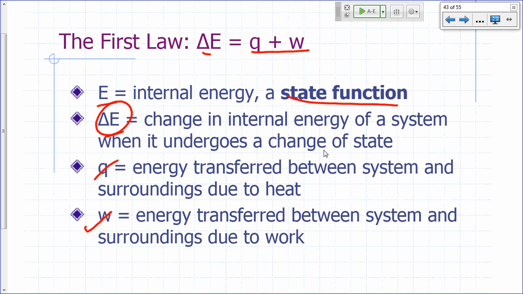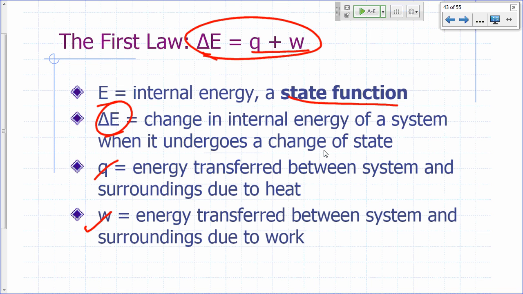What it's saying really is this. Because it's a state function, it doesn't really matter how you get from your initial state to your final state. Remember we said heat and work are path functions? They depend on how you get from your initial state to your final state. So it matters. Heat would be different depending on how you got from your initial state to your final state. Work varies according to how you get from your initial state to your final state.